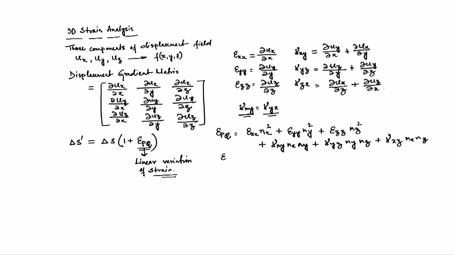In fact, we also defined epsilon xy and gamma xy, right. If you recall, these are the two quantities and their interrelation we also defined. Another way we can express our strain component for a line segment which is defined by PQ. Okay. Now, let us solve some examples.